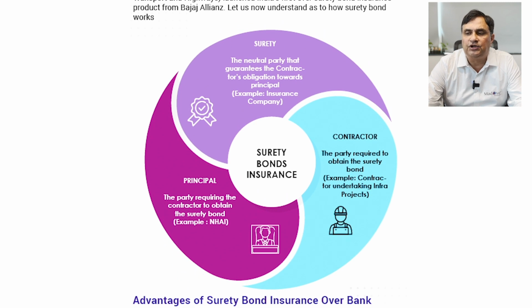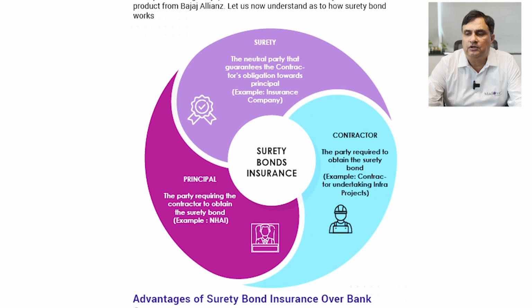If you look at a surety bond insurance, we have one party which is called the surety. It's a neutral party like an insurance company which guarantees the contractor's obligation towards the principal.